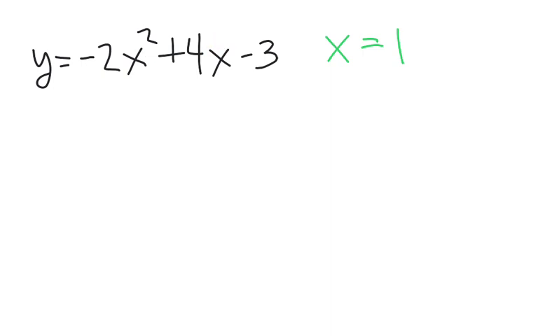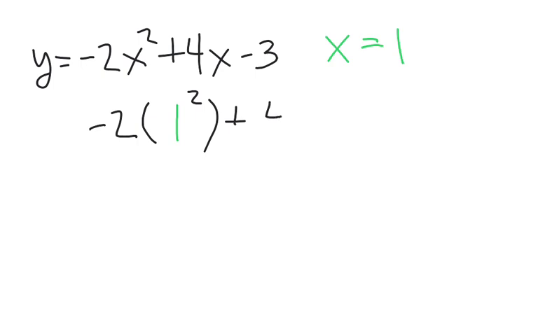I want to make sure that each and every x here, we replace with 1. So let's do that. I get -2 times 1, and that one's going to be squared. I put the squared inside the parentheses only to remind me that I go 1 squared times -2, not -2 times 1 squared. That'll give us a different answer.